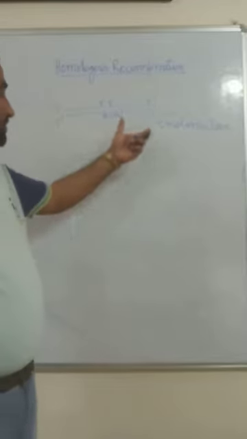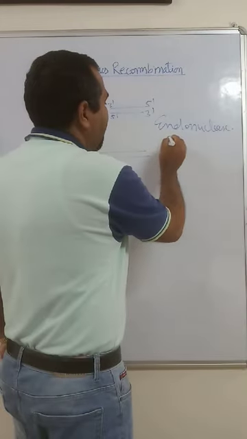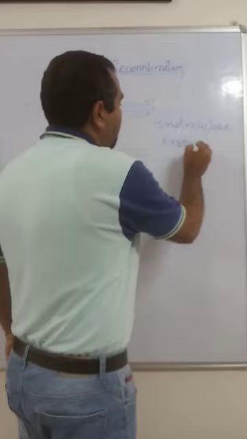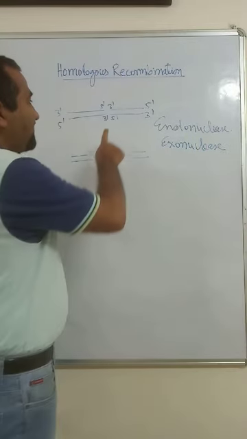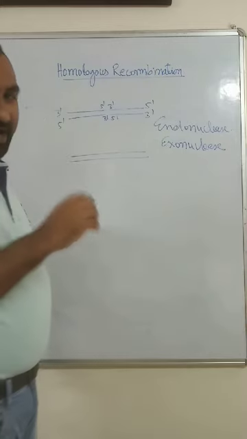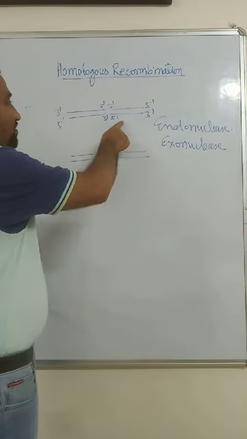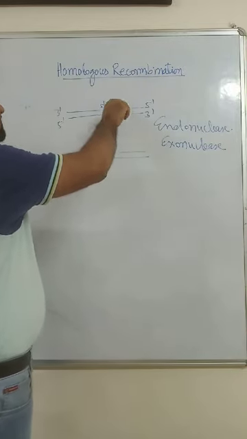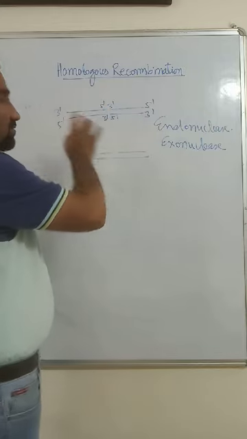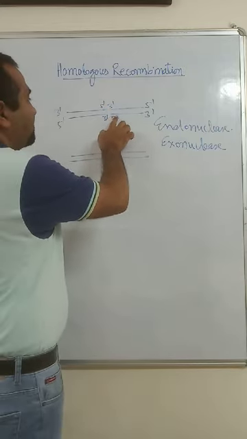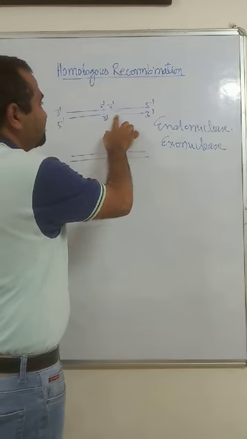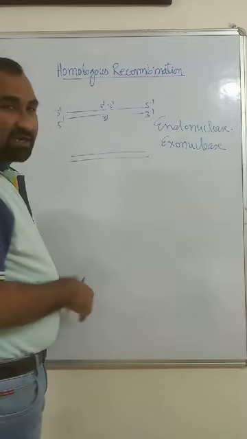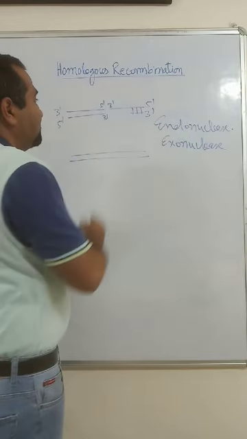And through some exonuclease activity, the 5 prime strand of both these digested chromosome parts, this DNA helix, gets digested. So the 5 prime part gets digested up to some distance.